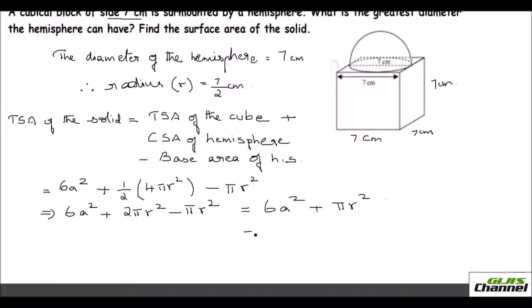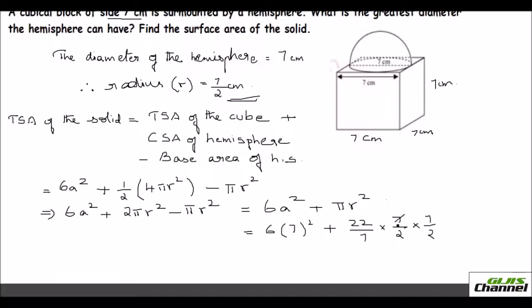So let me substitute the value. 6 times a is the side, okay, 7 square plus pi, let us take it as 22 over 7, and r, just now I told you the r is 7 by 2 centimeters, right? So 7 over 2 times 7 over 2. Okay?